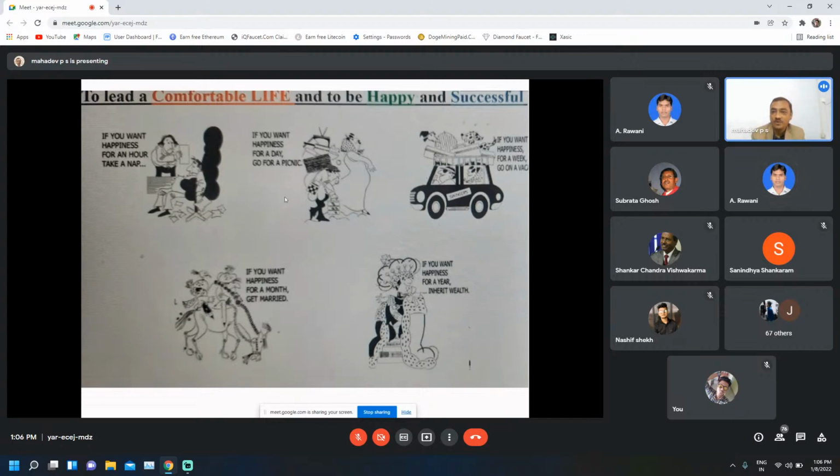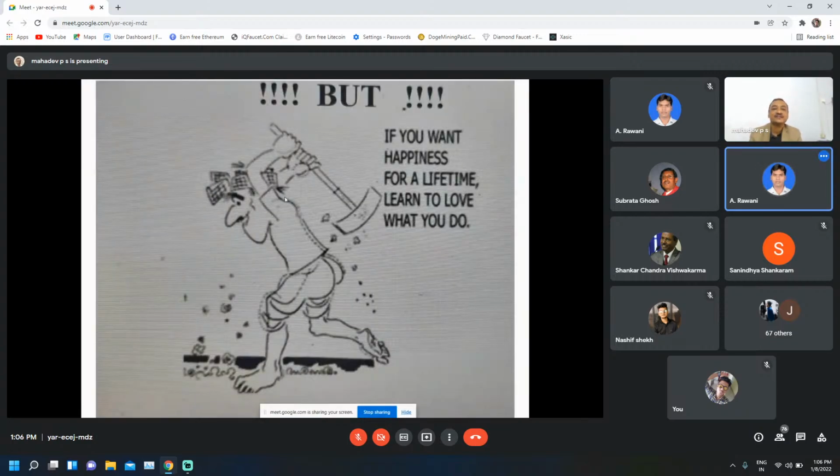If you want happiness for a week, go for a vacation. If you want happiness for a month, get married. If you want happiness for a year, inherit wealth. So finally, if you want happiness for a lifetime, learn to love what you do.